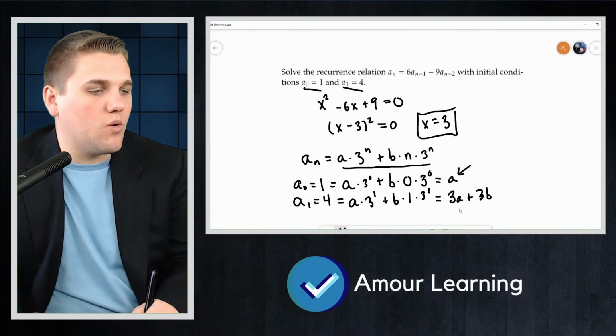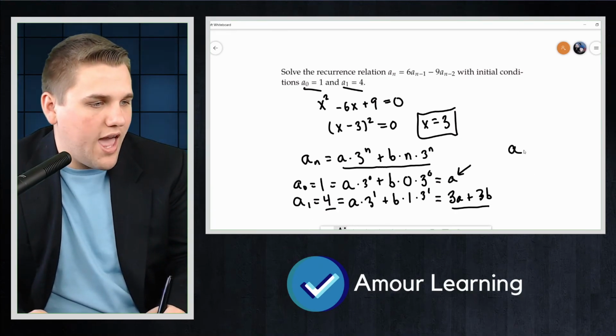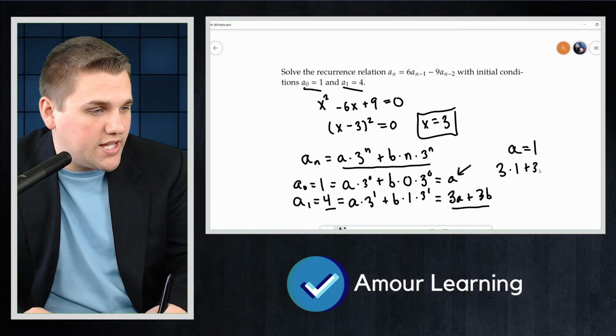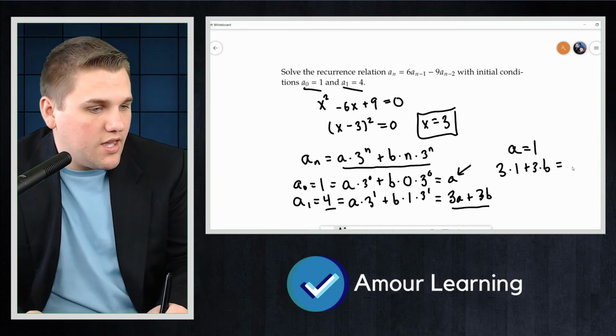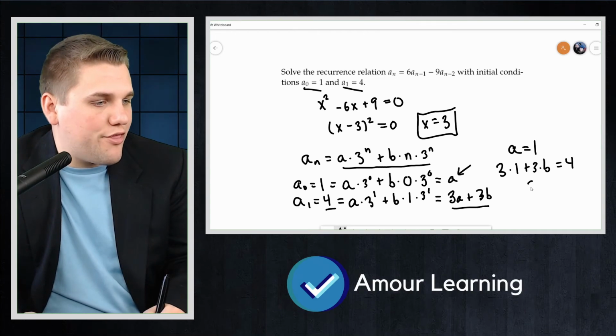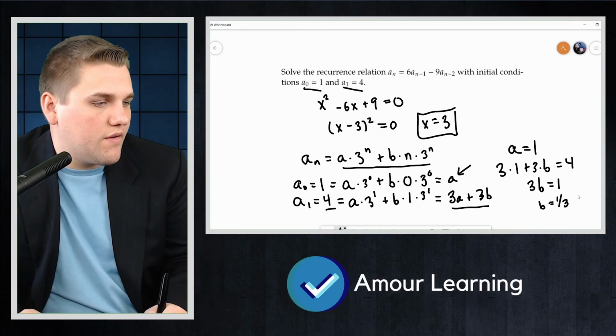And because a equals 1 and 3a plus 3b equals 4, that means 3 times 1 plus 3 times b equals 4, which means that 3b equals 1, or that b equals 1/3.